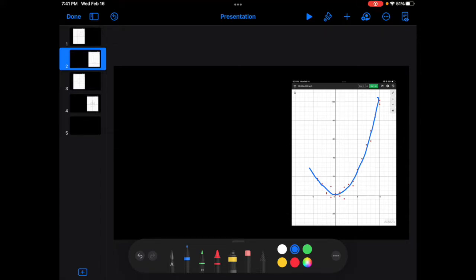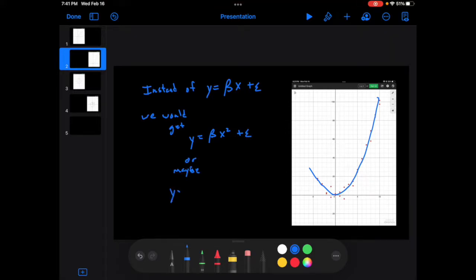So we can just transform our independent variable, and instead of y equals beta x, we would get y equals beta x squared, or maybe even y equals beta 1 x squared plus beta 2 x, something like this.